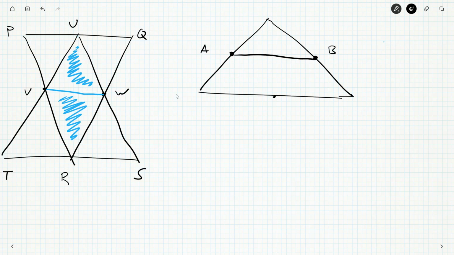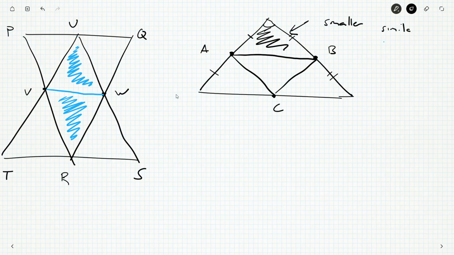If we added the other midpoint in here, you could make the connection even a little bit better. But the idea is, if you connect up the midpoints, you get a smaller triangle. It's the same angle, and these side lengths are split in half. So they're similar. This is a smaller but similar triangle.